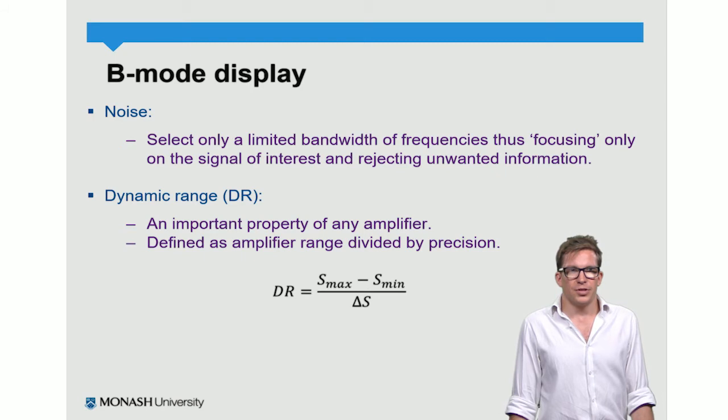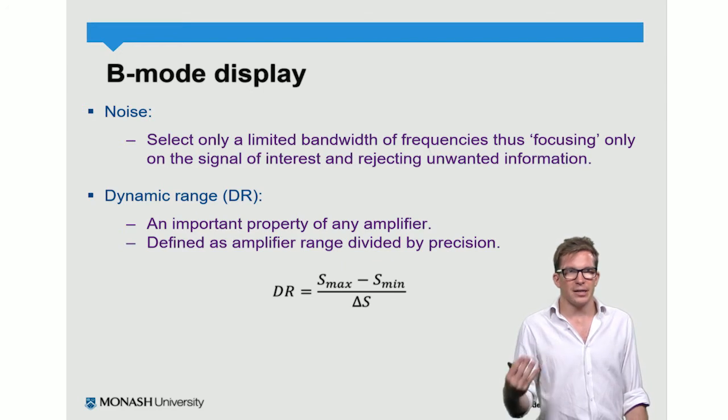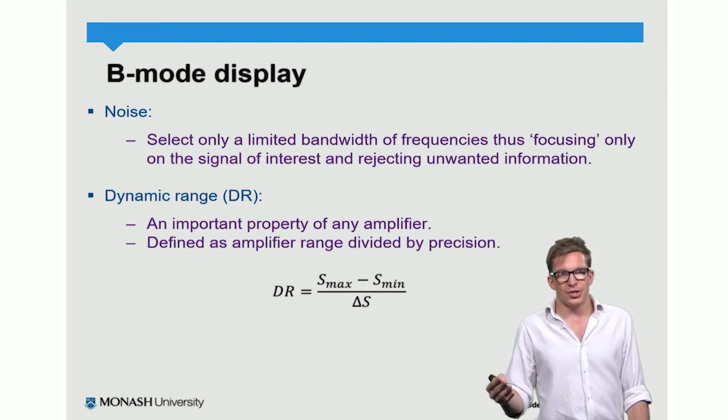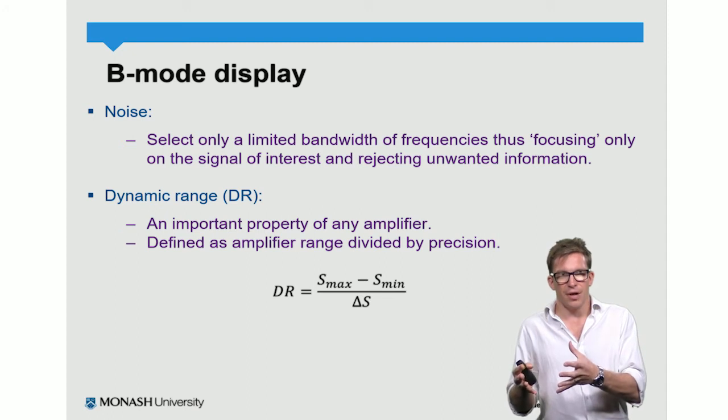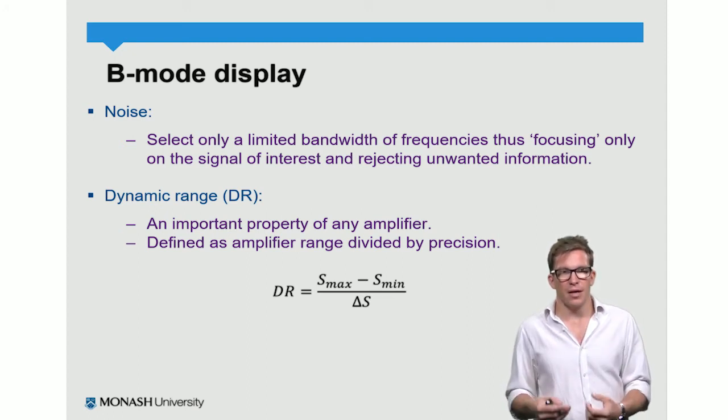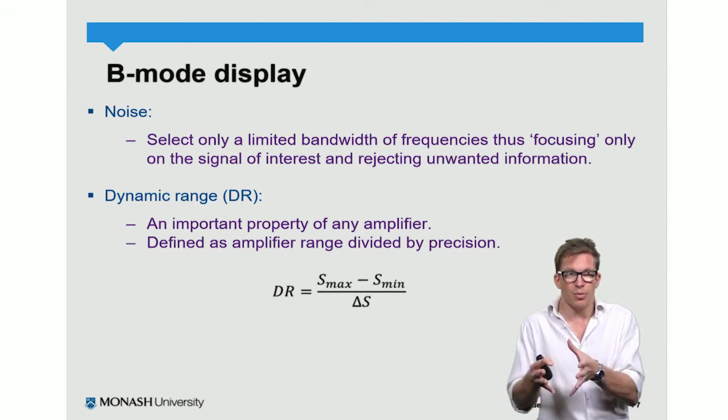Right, so some important considerations in terms of processing electronics, the first of which is noise. Clearly we want a low noise system. The second of which is the dynamic range. So the dynamic range defines how sensitive our electronics are to the input effectively.